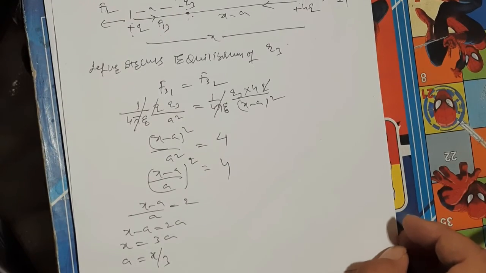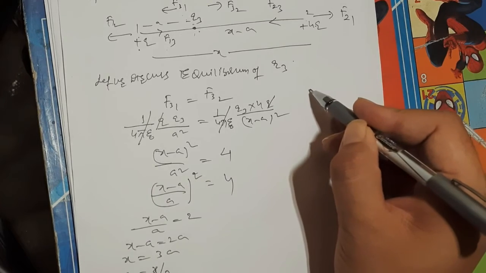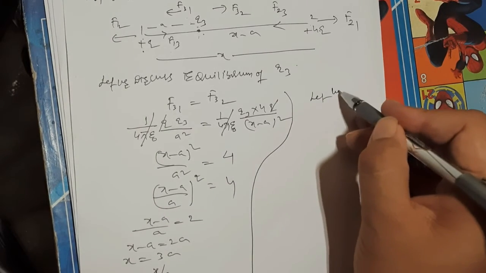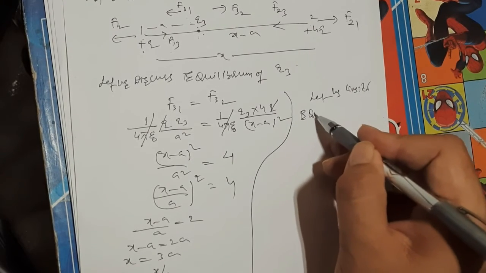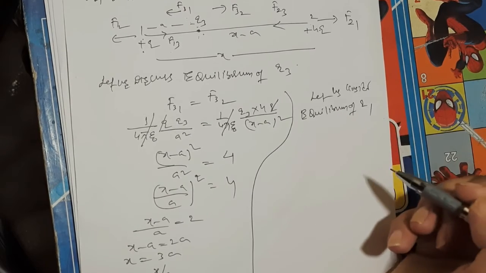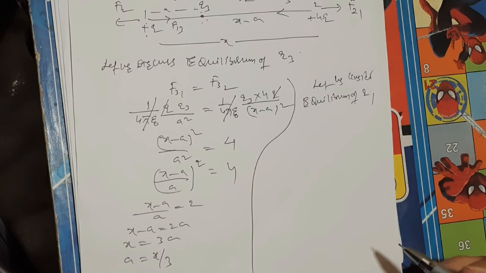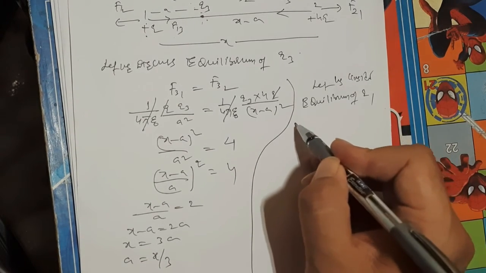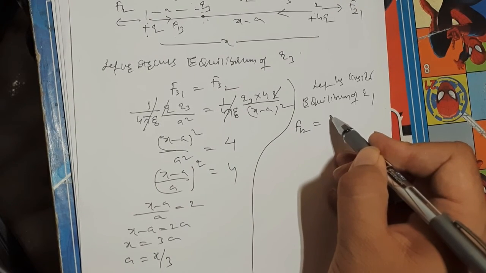For that, let us consider equilibrium of Q1. Equilibrium of Q1 means F12 is equal to F13.